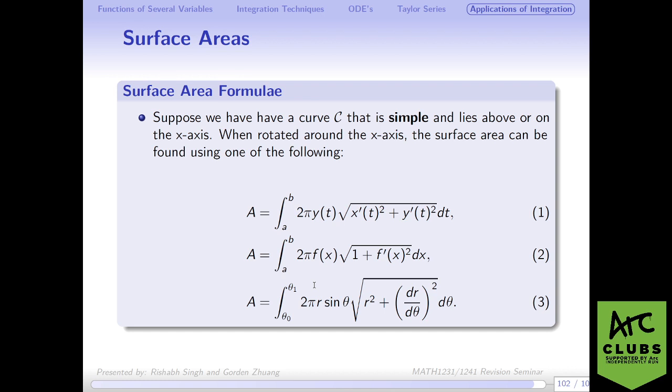These formulas are for when we have a curve and we rotate it around the x-axis, then the surface area will be given by these formulas. If we have it in parameterized form, so x and y in terms of t, we use the first formula. In function form, in terms of x, we use the second, and for polar coordinates, we use the third.